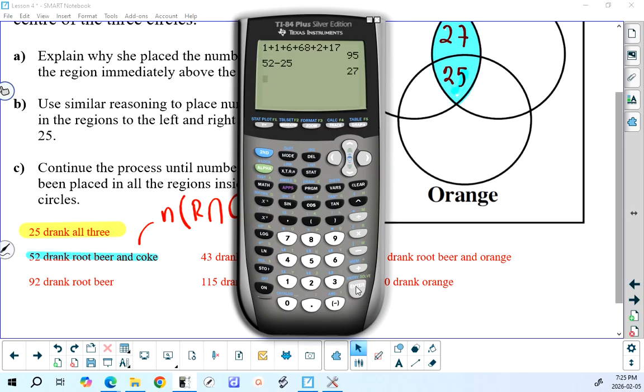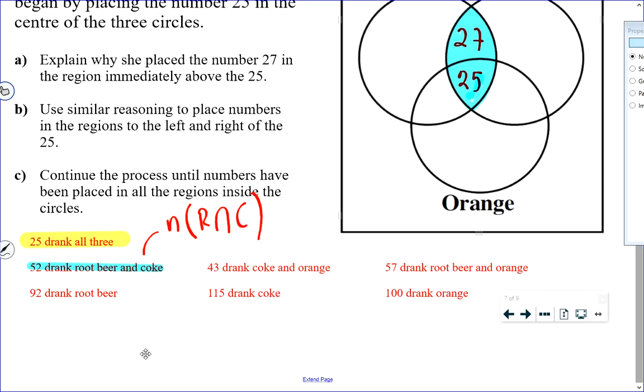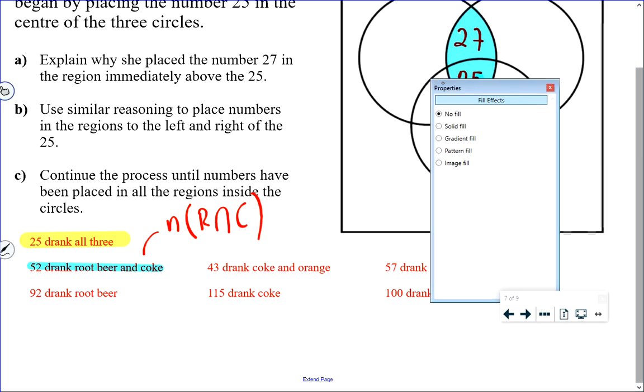That leaves 27 for the top part. So right now, if I were to look at what's highlighted in blue on the left of the screen, it's 52, and that's the intersection, which is what's highlighted on the right-hand side of your screen. Continue this process until we get everything done.